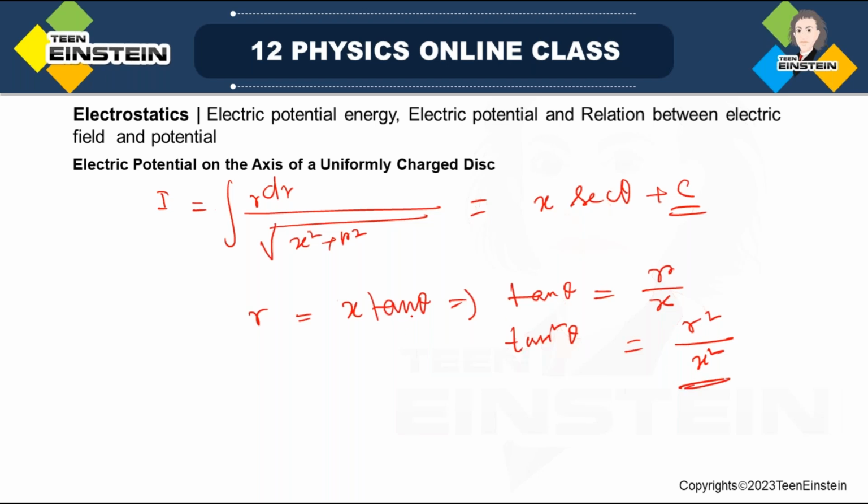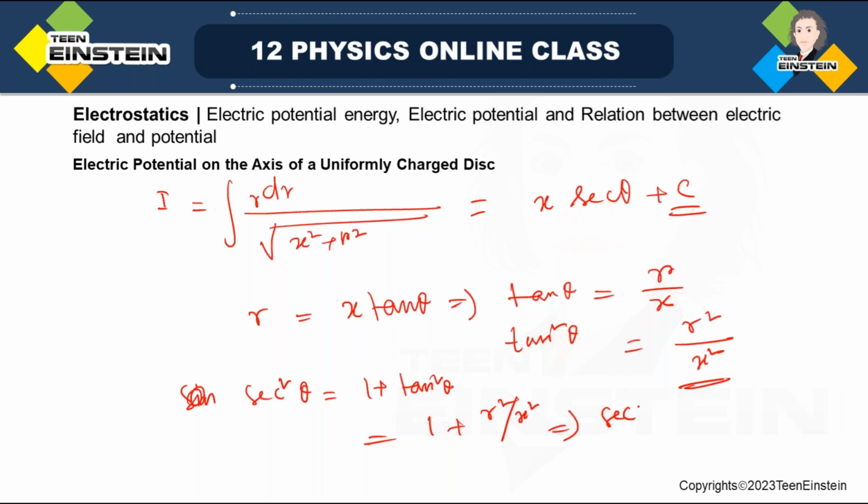Now what is sec theta? Sec square theta is equal to 1 plus tan square theta, right? So we have 1 plus r square by x square. This implies sec theta is equal to the square root of 1 plus r square by x square.